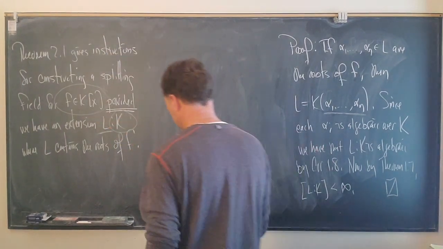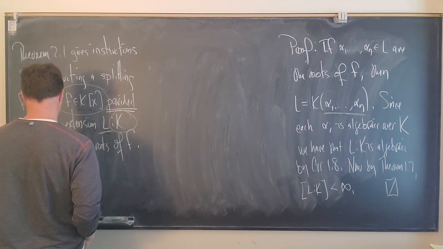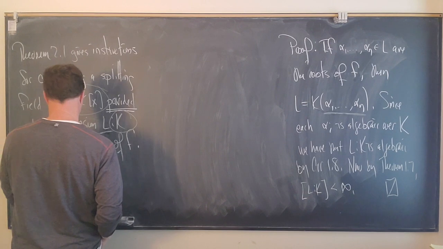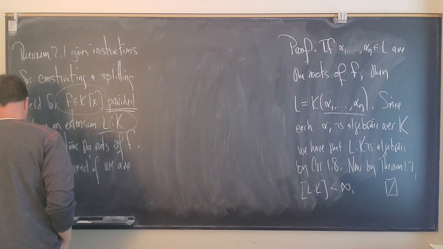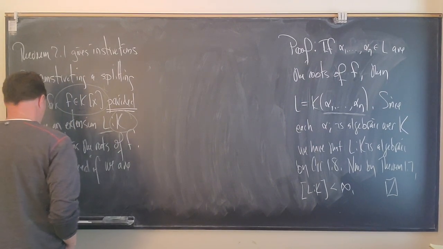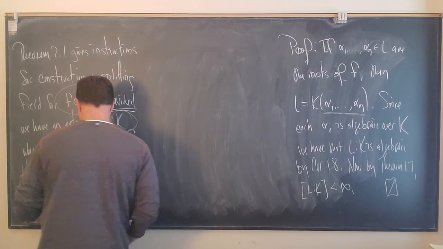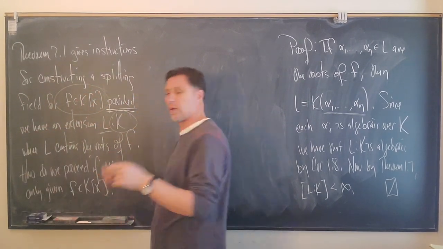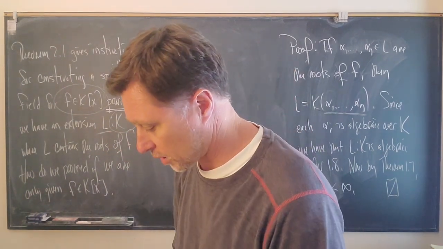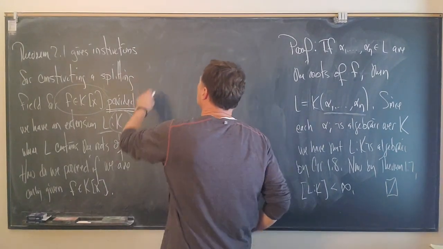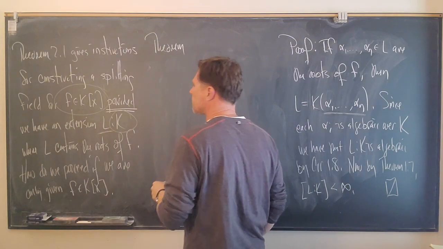Right, so I guess let's ask this as a question. How do we proceed if we are only given this information, f is some polynomial with coefficients in K, period. We're not telling you who L is, right? How do you know there is such an L? Well, this next theorem, and this is a very famous theorem. So this is what, 2.3?